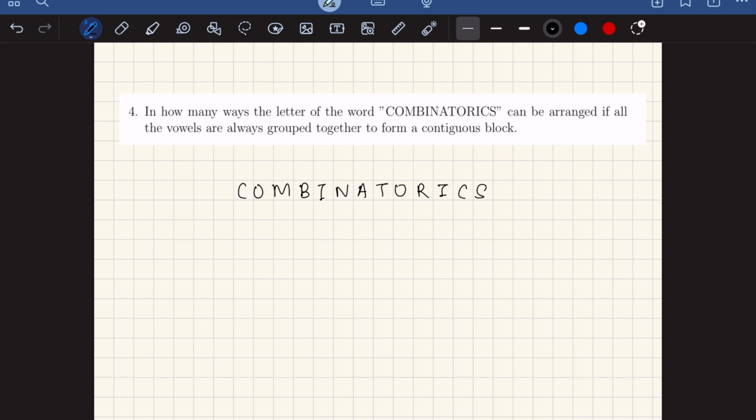For example, you can have O I O A I followed by C M. This is one valid answer because all the vowels are together, but this is also valid.